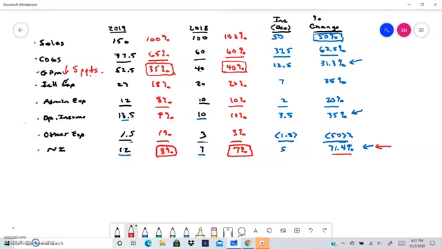So is that good or bad? Of course that's bad. It really reflects the fact that our markup, in other words, our sales price relative to the cost of our product, has declined. So whatever we're selling it for versus what we paid for it has dropped. It was a 40% markup, and now it's a 35% markup.